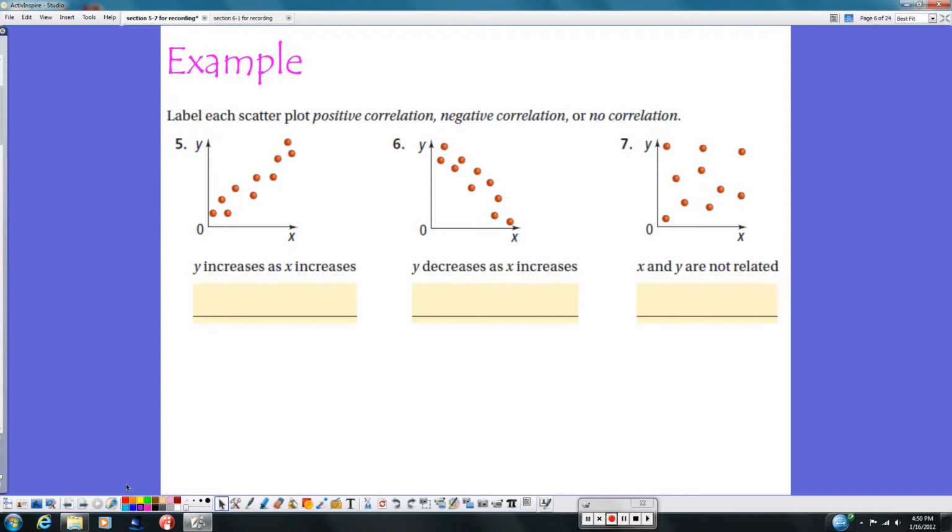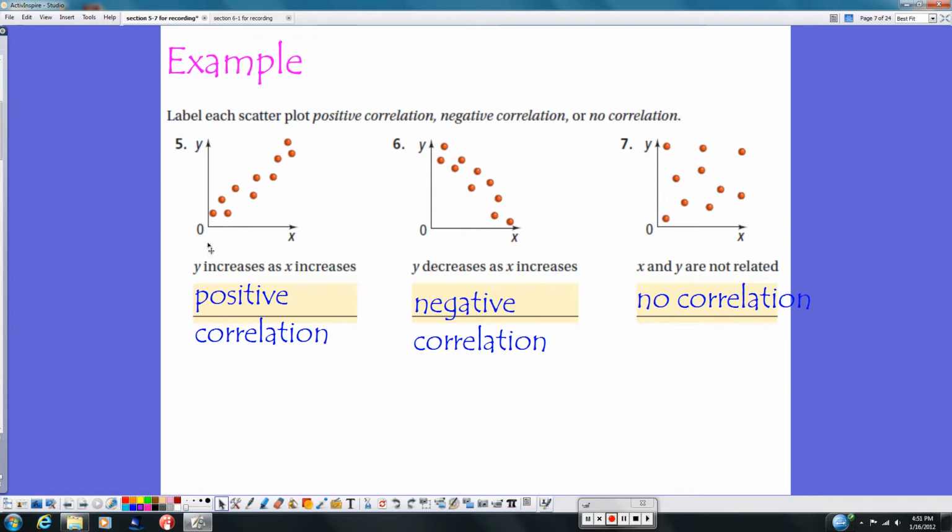Go ahead and look at these 3 and see if you can figure out what type of correlation each one has. In this first one, you notice that it's increasing from left to right, so therefore that's positive correlation. The second one decreases from left to right, that is negative correlation. And the last one, there is no increasing or decreasing, so it's no correlation.